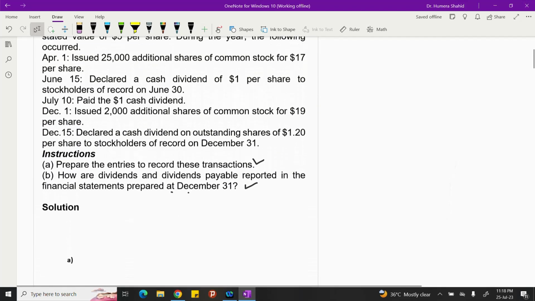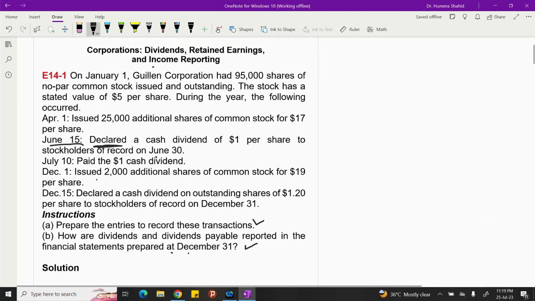Then the company declared a cash dividend of $1 per share to the stockholders of record on June 30th. We are at June 15, so cash dividend of $1 per share. How many shares do we have? Firstly, we need to check. 95,000 was the opening balance, then 25,000 more shares were issued on April 1st. So we have 120,000 shares and $1 per share.